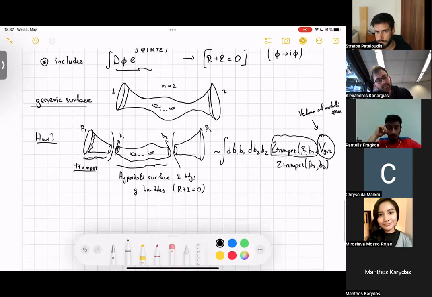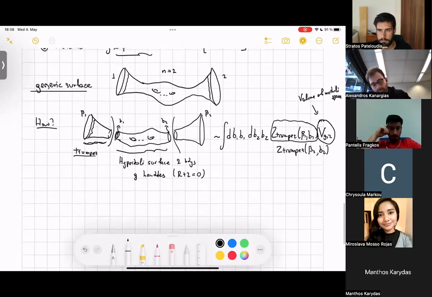In a sense, it tells you how large is the space of these surfaces, maybe how many of them can I make that are not equivalent to each other. And then you multiply by the boundary term on the right. And now you glue things back together.